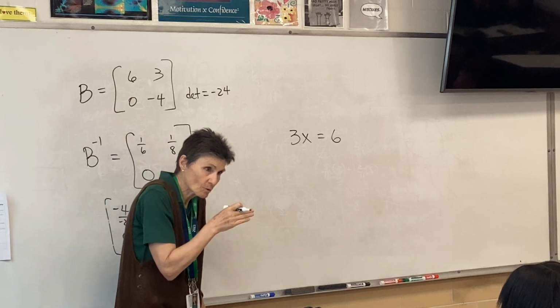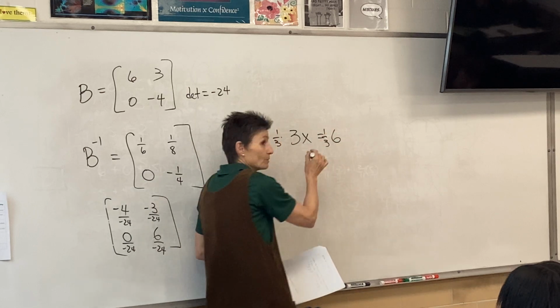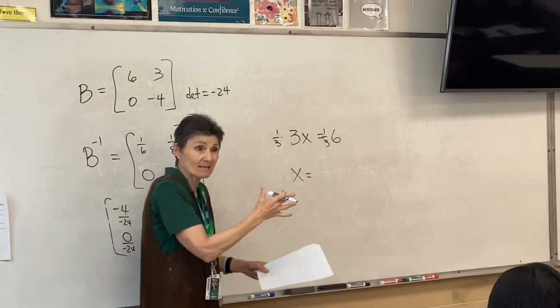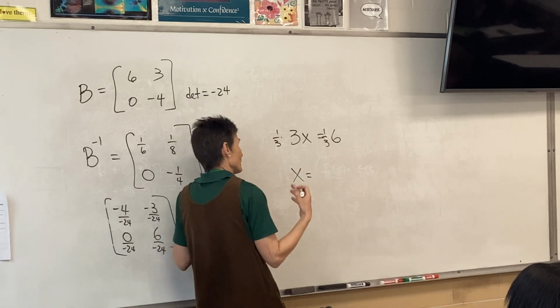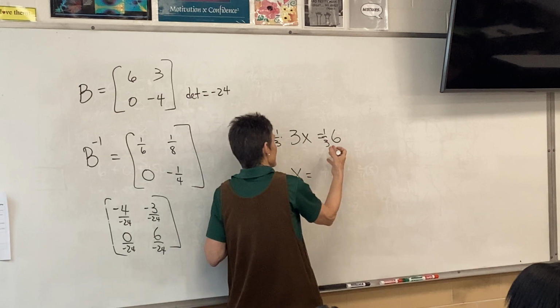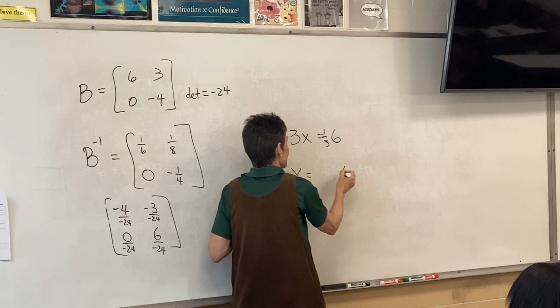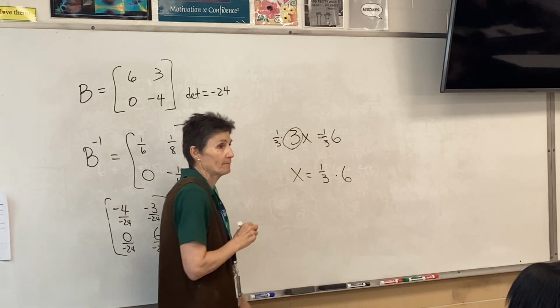But we could also think of that as multiplying by 1/3. Would you agree with me? And then you would have x equals, you would have your answer. So your answer is really just your constant, 6 in this case, times the inverse of that coefficient.